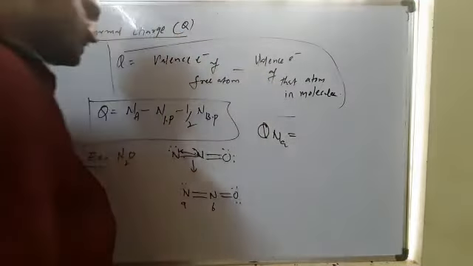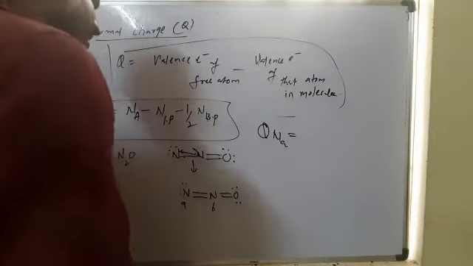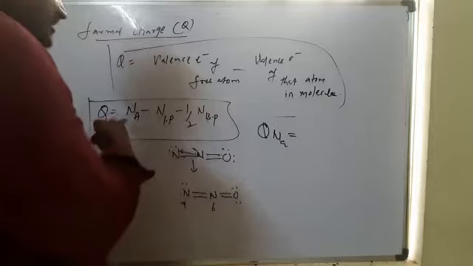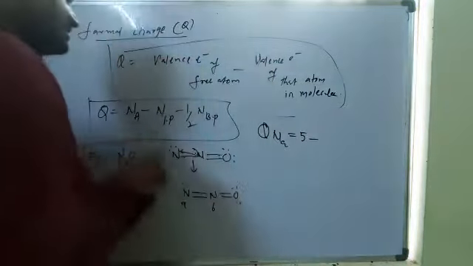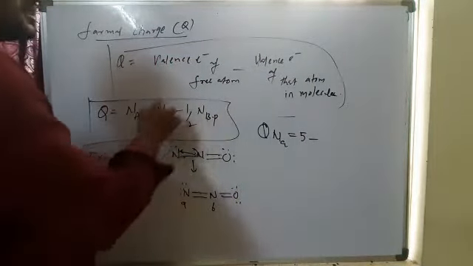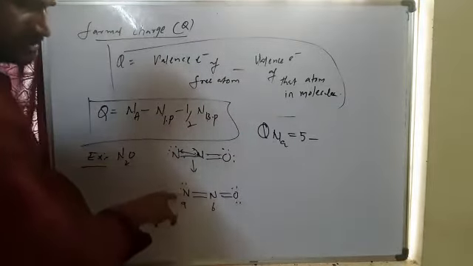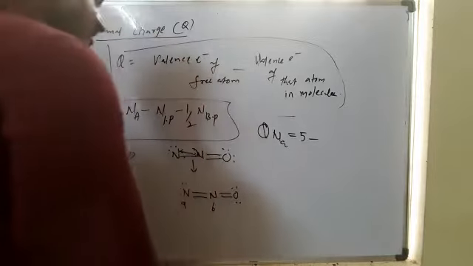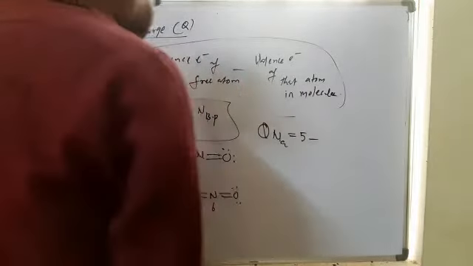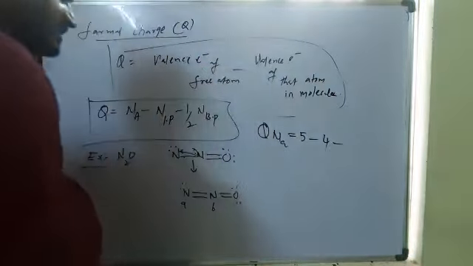Formal charge on nitrogen A atom, that is the formula: number of electrons in free state. Nitrogen is the fifth group, so 5 electrons, minus number of electrons in lone pairs in the molecule. These terms are in the molecule, this is in the free atom. So the number of lone pairs in the molecule: 2 lone pairs, so 4 electrons, minus half into number of electrons in bond pairs.